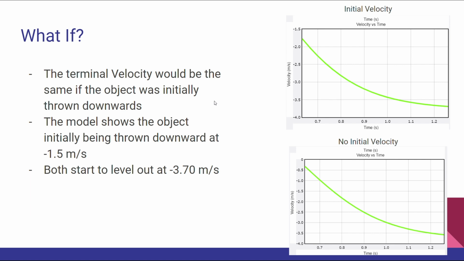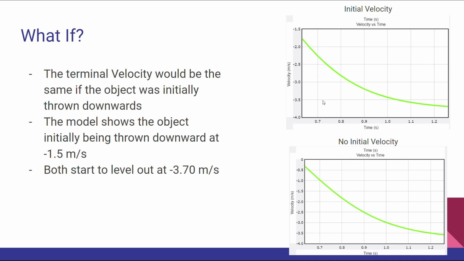Okay, so what if the initial velocity was not 0? Would the terminal velocity change? Short answer, no. As you can see, in both models the terminal velocity levels out at about negative 3.7 meters per second.